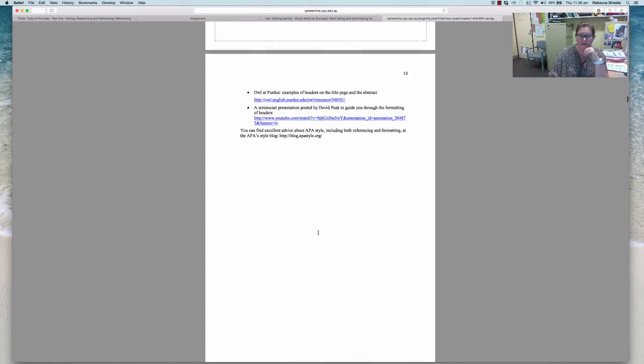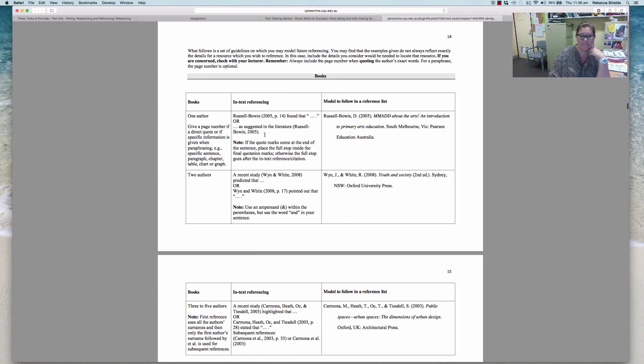But the main thing that you'll need is exact information for if you have a book with one author, here's how you might in-text reference it. Obviously, you're not going to put this person's author's name. You put whatever the author is that you have for the book, the year, the page number. So it shows you how to direct reference or indirect reference, and how to set it out in the reference list at the end of your assignment.